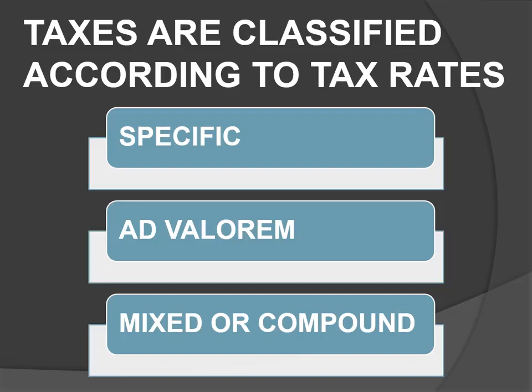So, what about mixed or compound? Well, it's self-explanatory. It may be that the tax is 10 pesos per piece plus 20% ad valorem. Under current law, I have not seen any imposition anymore of mixed or compound taxes. There is none.